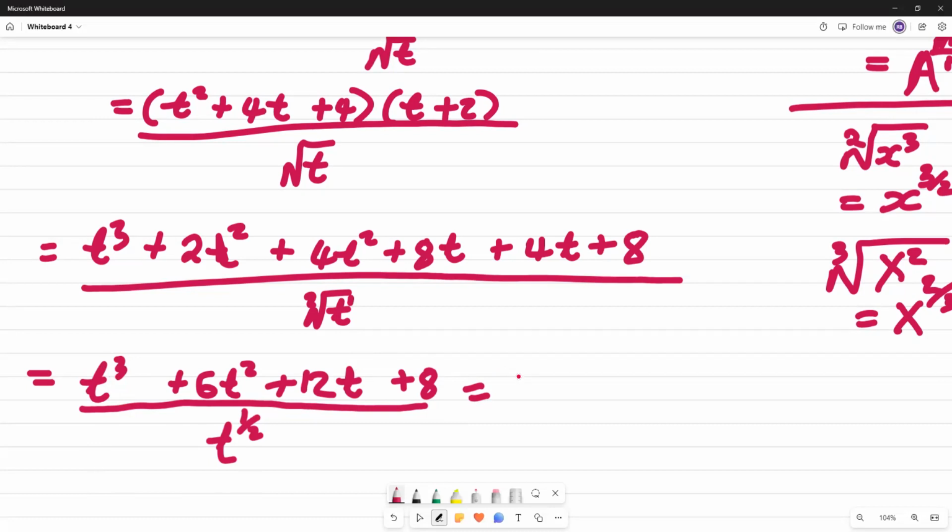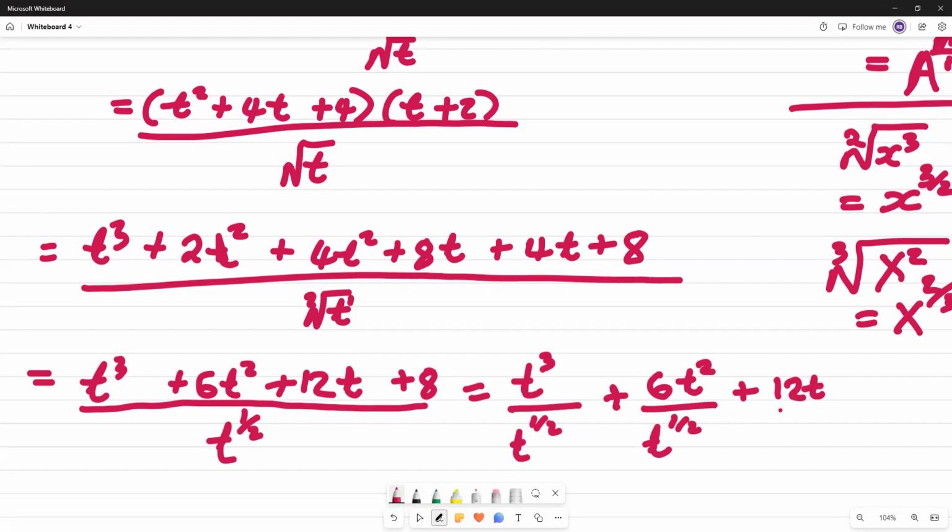You split them: t cubed over t to the power half, plus 6t squared over t to the power half, plus 12t over t to the power half, plus 8 over t to the power half.